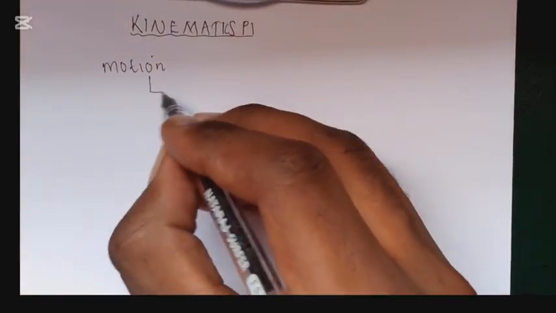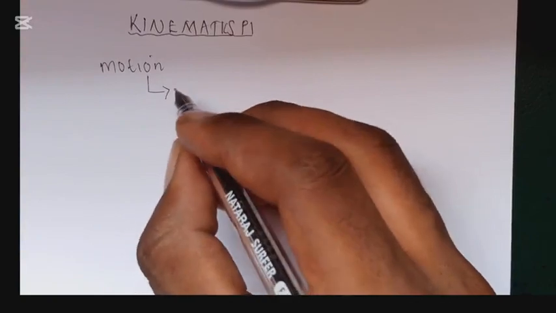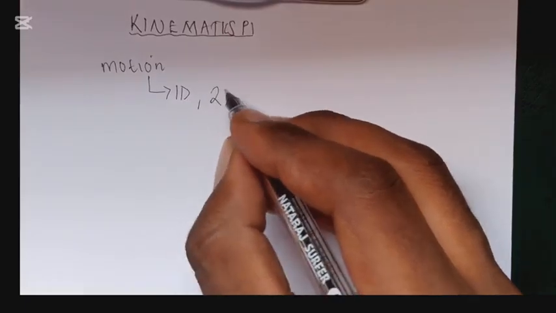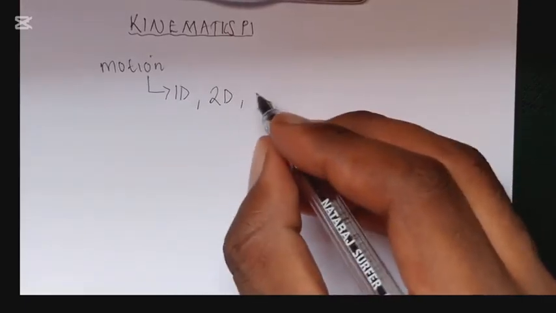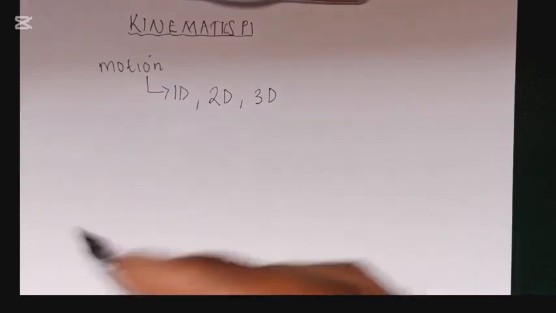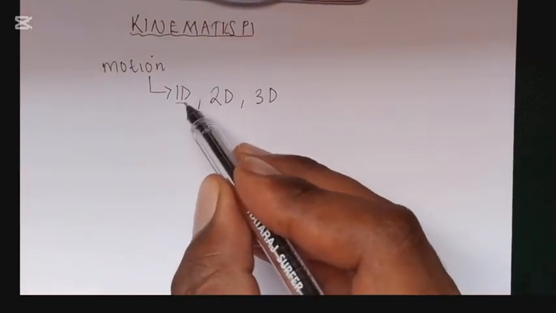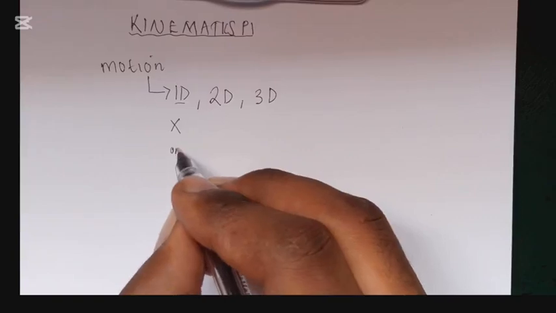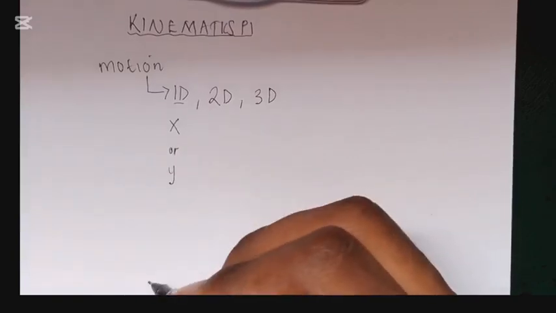Now this same motion that we are looking at can be divided into three categories. We have motion that occurs in one dimension, motion that occurs in two dimensions, and motion that occurs in three dimensions. If you remember what we did under vectors, if anything is moving in one dimension, then this particle is either moving in the x or in the y axis.